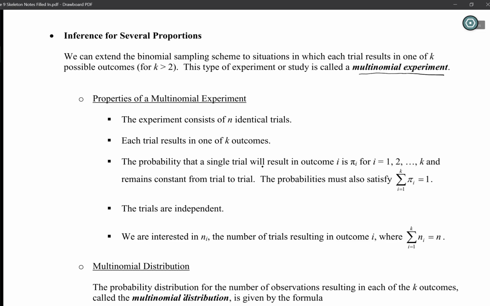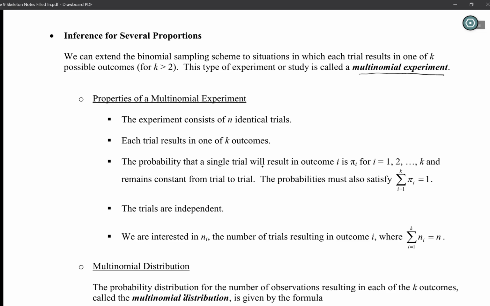We also assume that the trials are independent, and that what we're interested in is the number of trials for the ith outcome, so we're interested in observing n sub i. That's the notation we're using here for our sample. So capital N is the overall sample size.